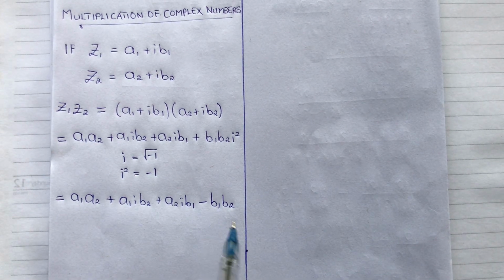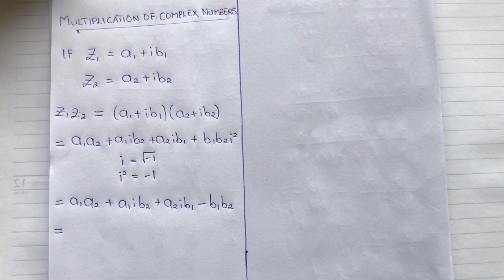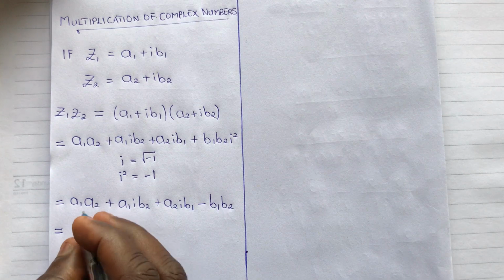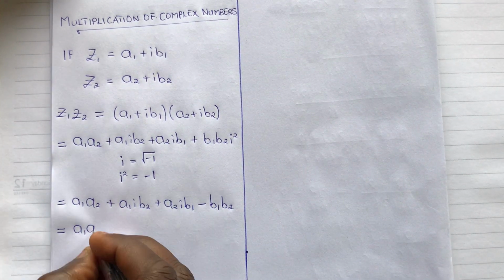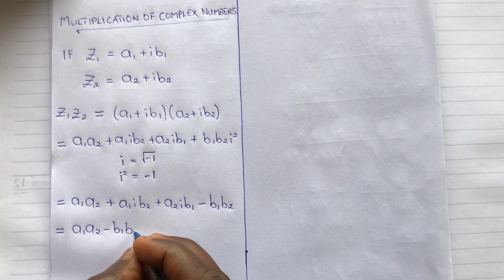We group these terms to one side, and then we group all terms that have the imaginary notation. All terms that do not have the imaginary notation are on this side and this side, so we group them together. So we have A1A2 - B1B2.